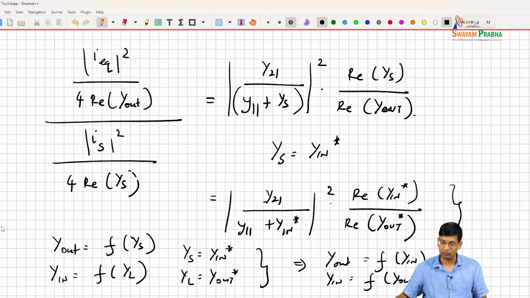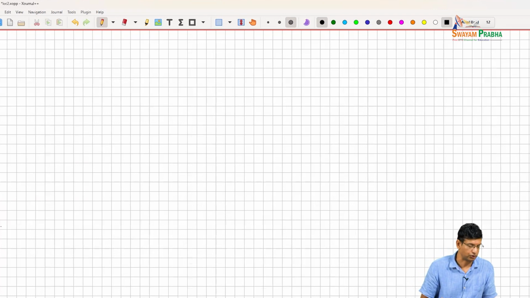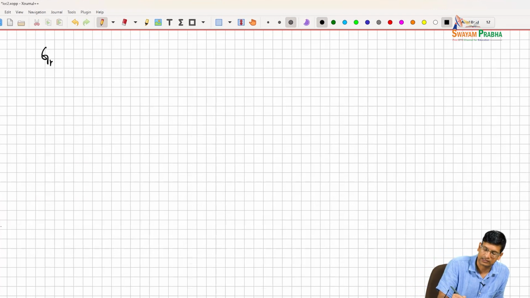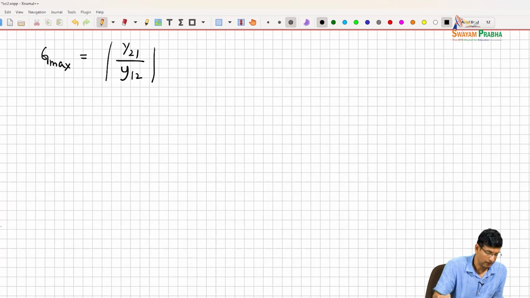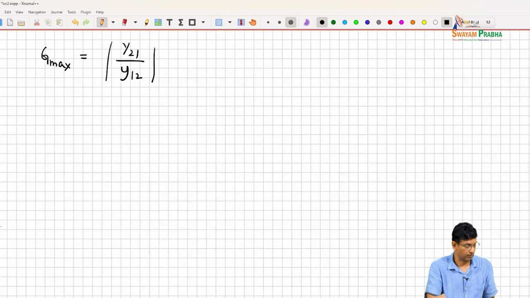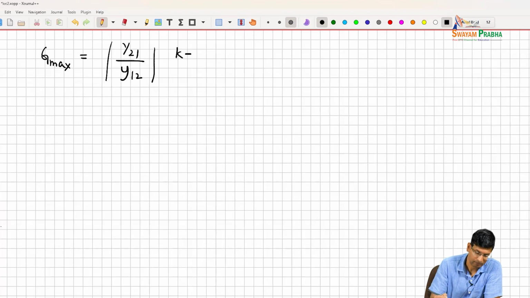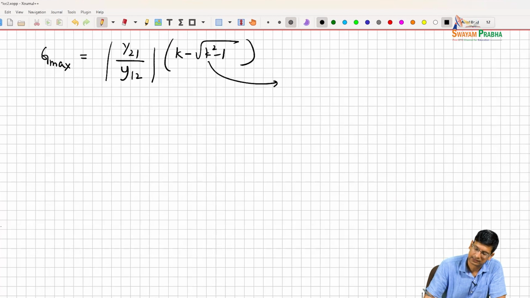So then you can basically show that in this situation the maximum power gain that you get is y21 divided by y12 times k minus the square root of k squared minus 1, where this k is the Rollett stability factor.